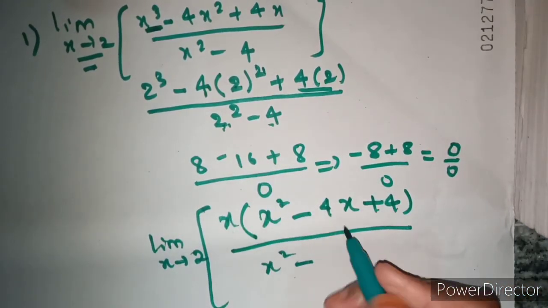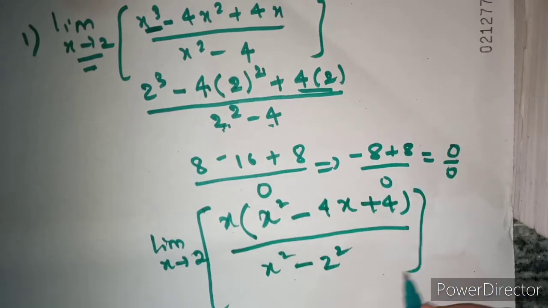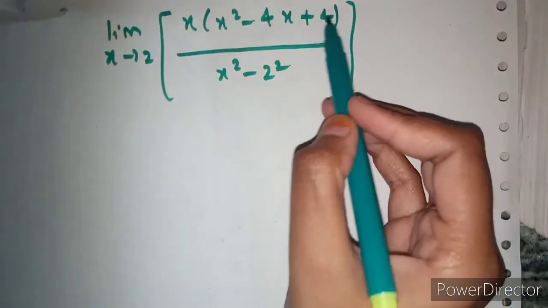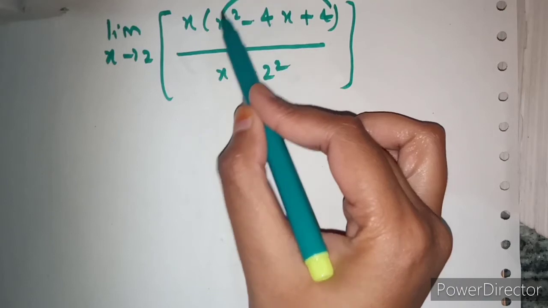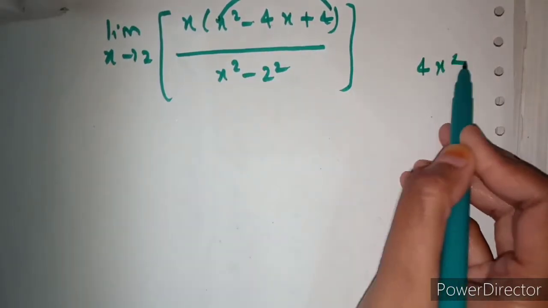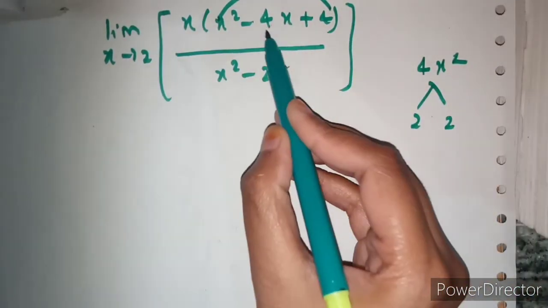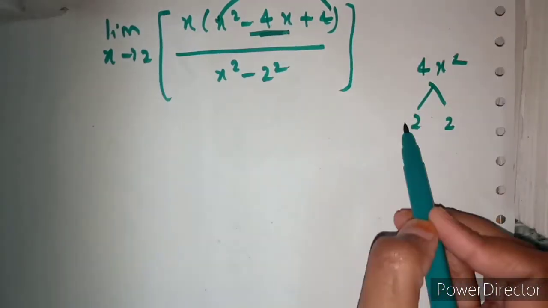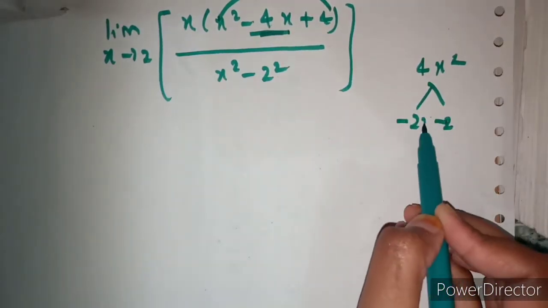This 4 can be written as 2 square. Now factorize. 4x square, multiples of 4 is 2, 2s are 4, in between we have to get minus 4, so put minus sign, and x.